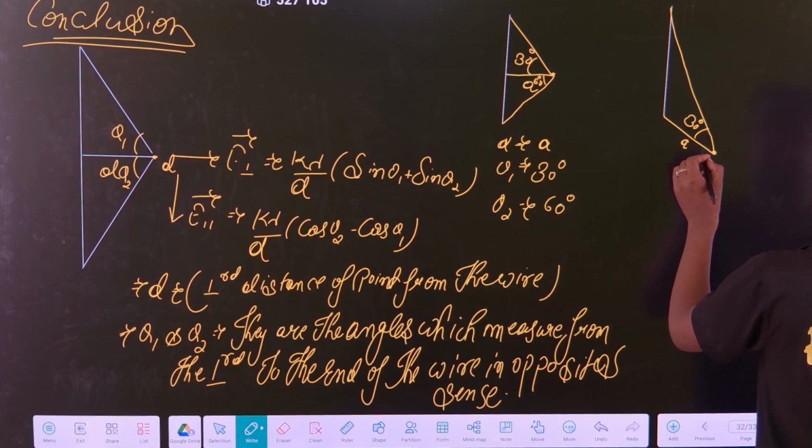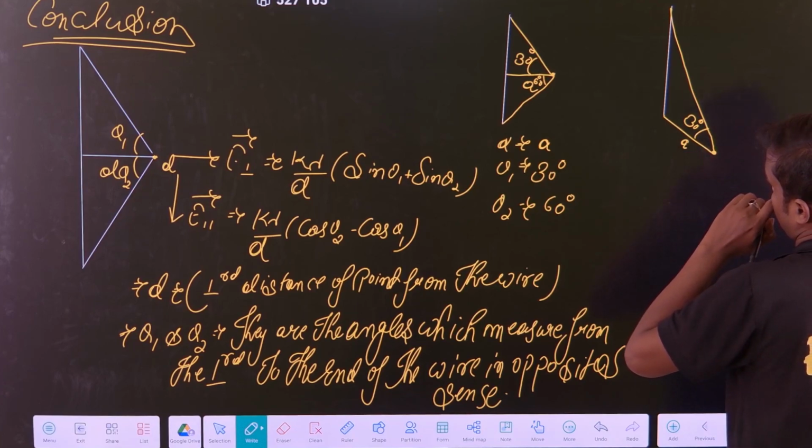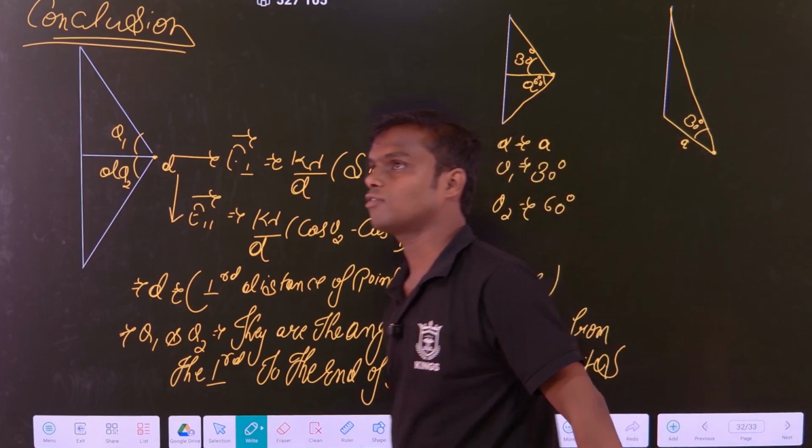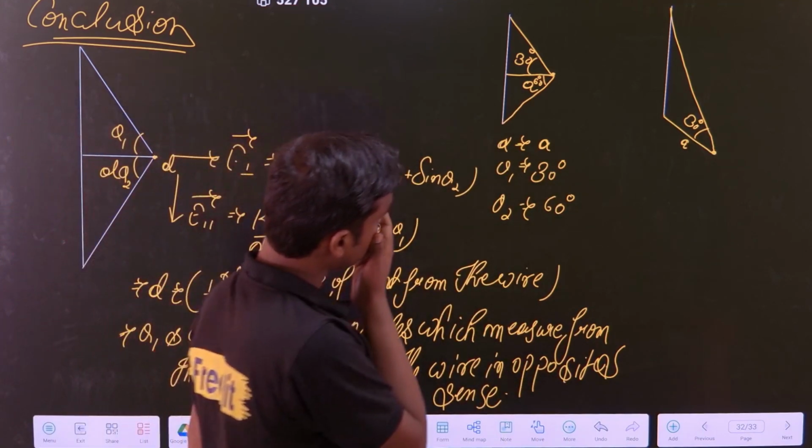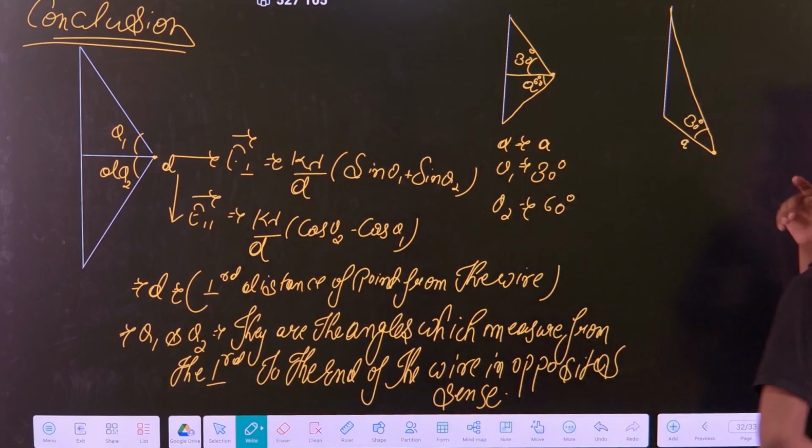Suppose this angle is, I should give this angle or not? Wait. This is my A cos theta.